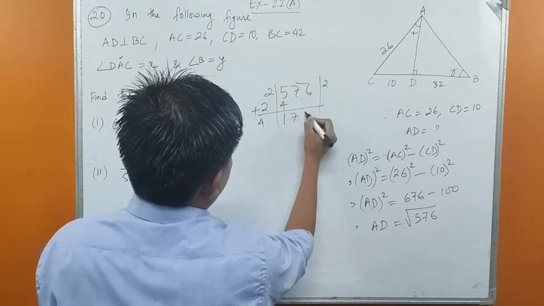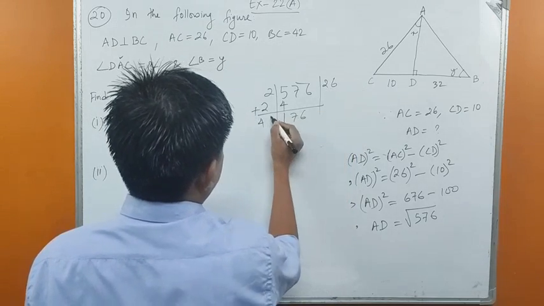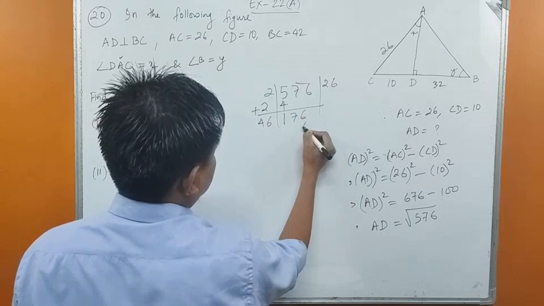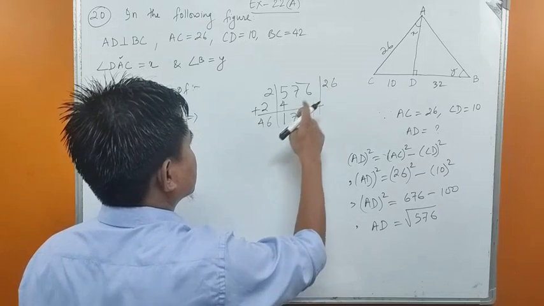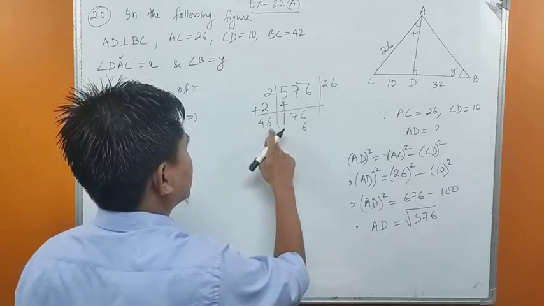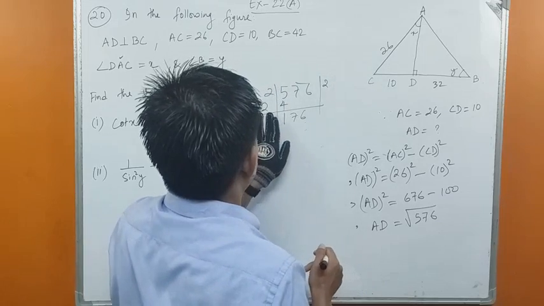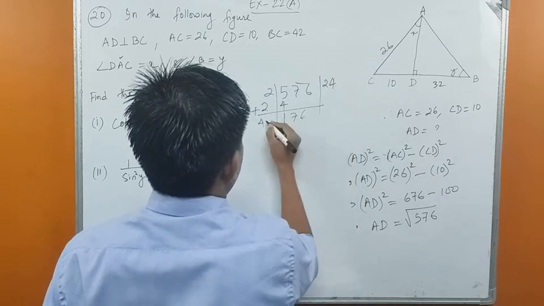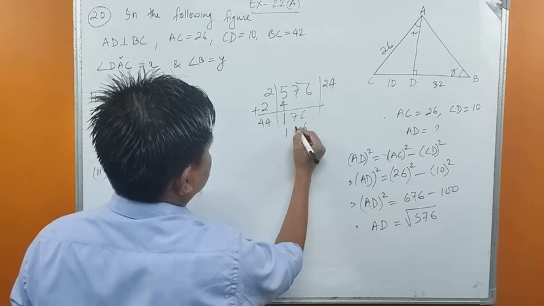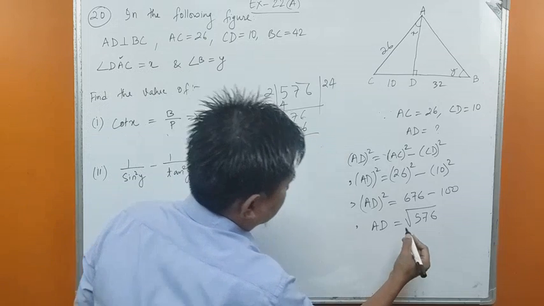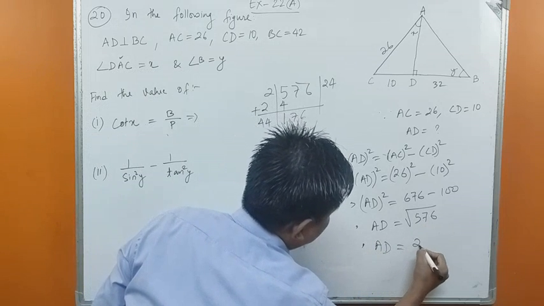Now 6 sixes are 36, 6 fours are 24, 6 sixes are 36, 6 fours are 24. 4 fours are 16, plus 1 is 17. So AD equals root under 576, which means 24.